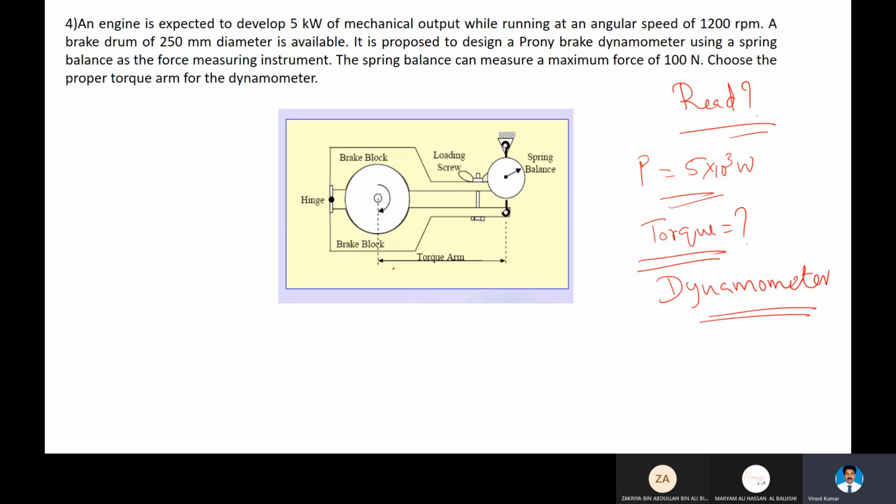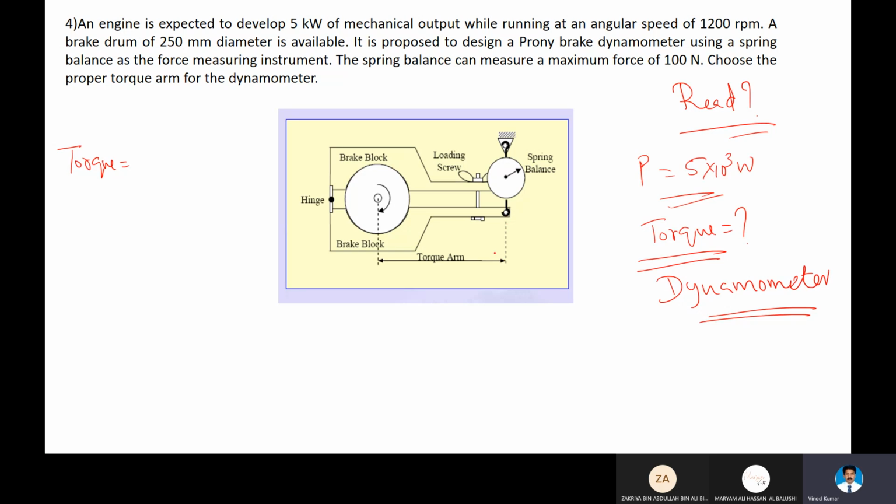So here in this dynamometer, we have a block rotating. This is the loading screw, as I explained before. Now, a very simple principle is applied here: torque equals force times distance.